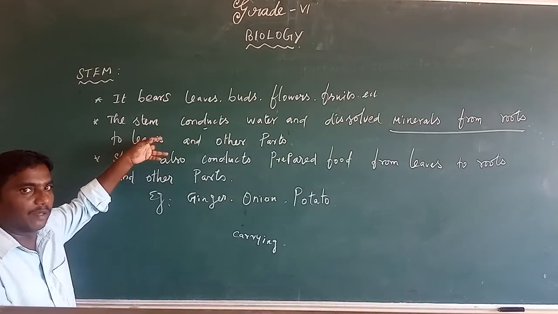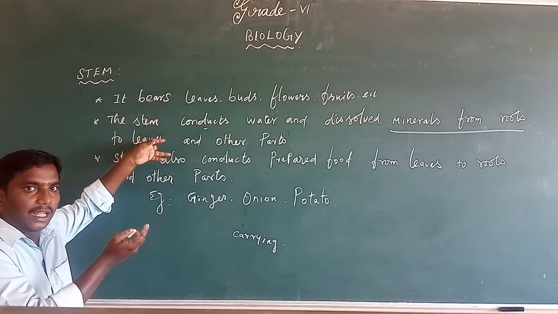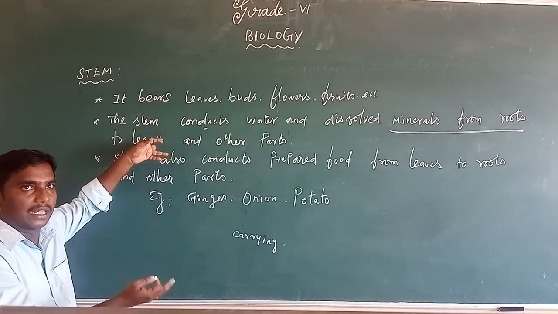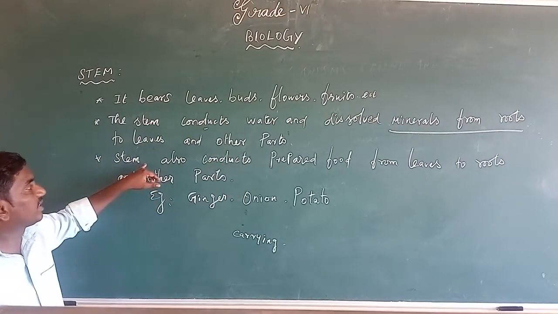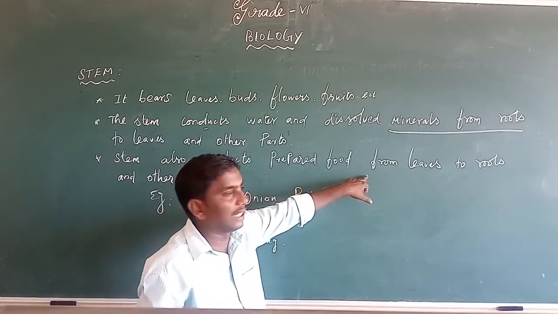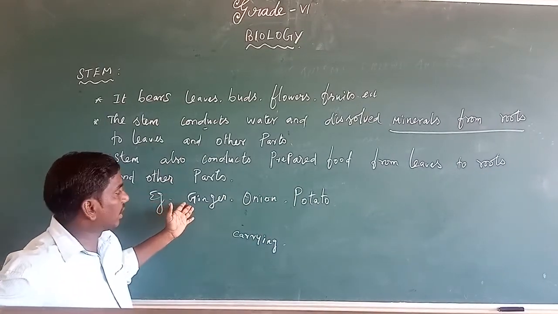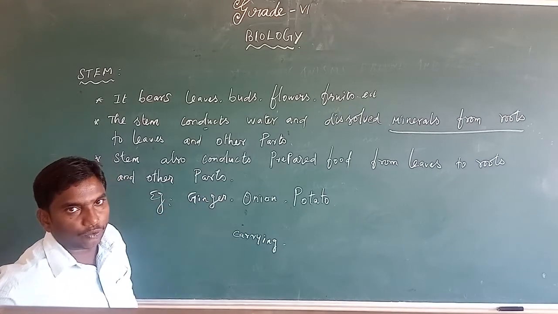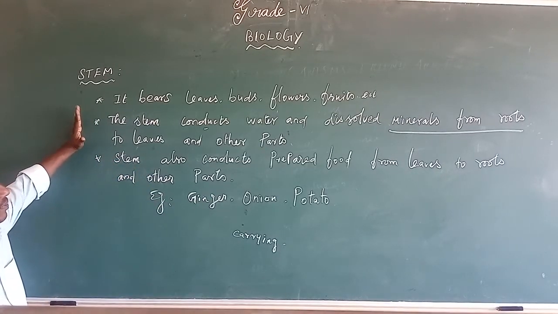The stems carry that water and those minerals so that they can reach all parts of the plant. The stems also carry prepared food from the leaves to the root and other parts. For example, ginger, onion and potato. So this is one small explanation about the stems.